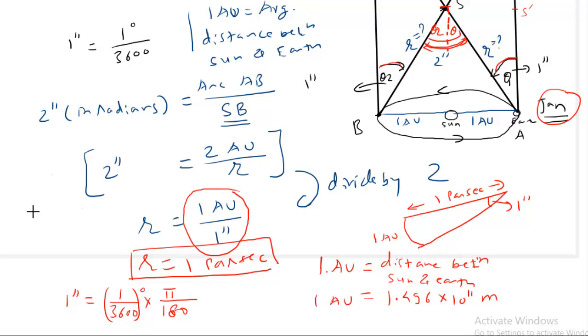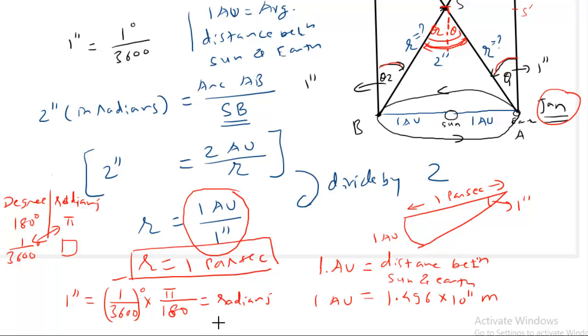You can verify this: 180 degree means pi radians. So 1 upon 3600 degrees will be equal to 1 upon 3600 multiplied by pi divided by 180, which is in radians.